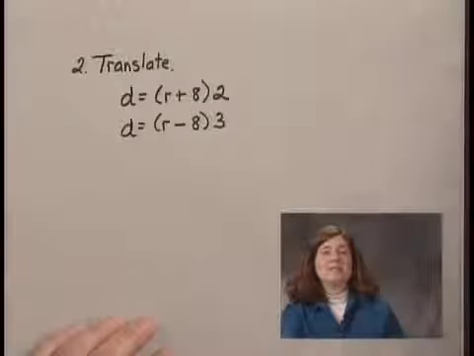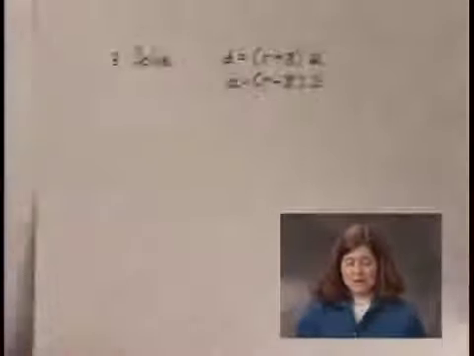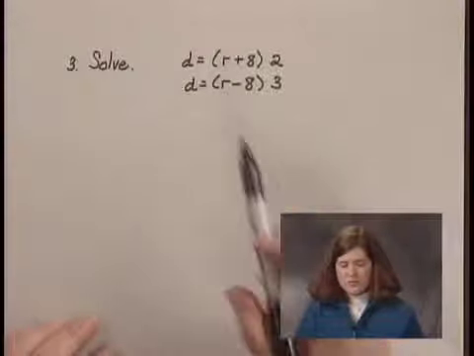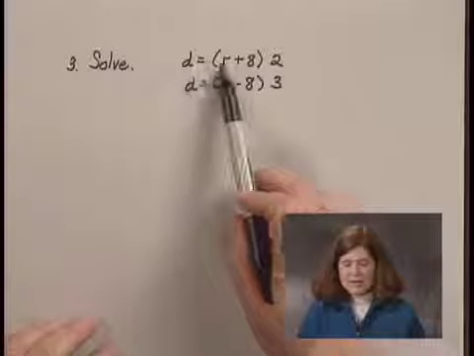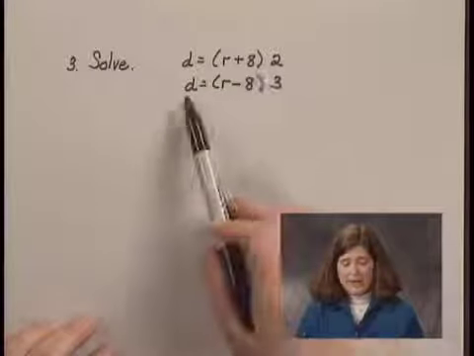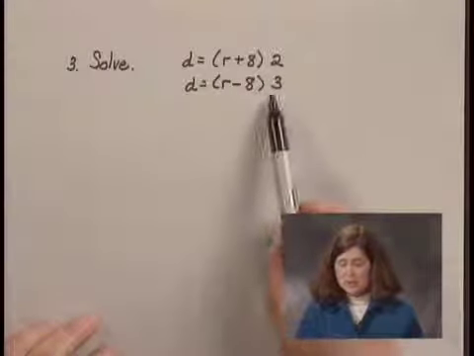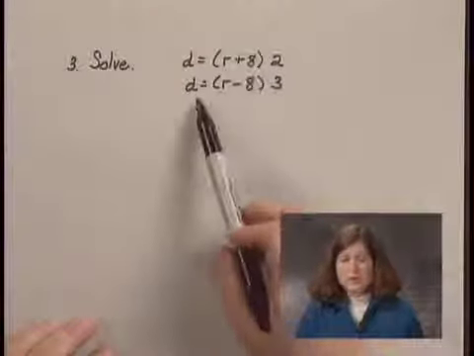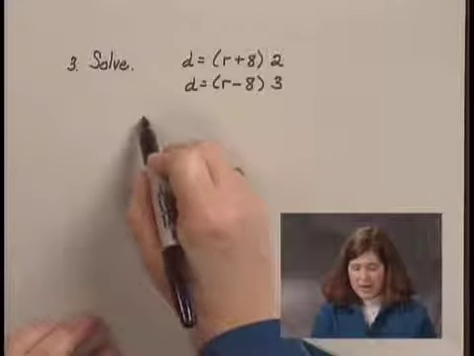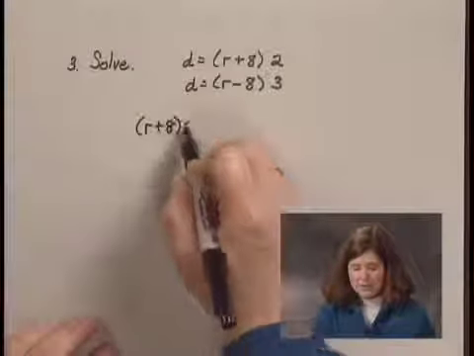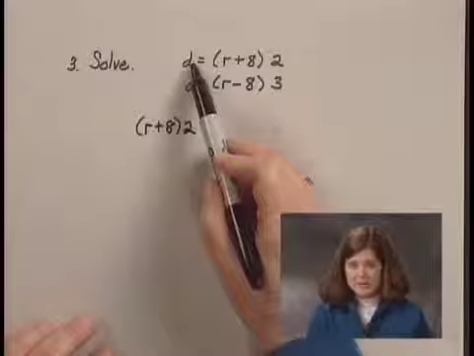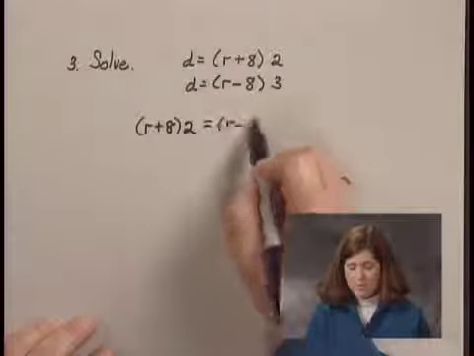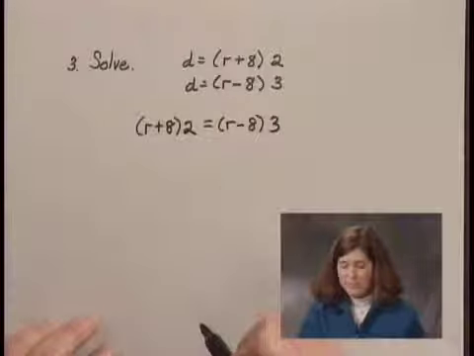Now that we've translated to a system of equations, we can solve that system as step 3 of the problem-solving process. To solve, notice that D equals (R plus 8) times 2 and D equals (R minus 8) times 3. So I can substitute (R plus 8) times 2 for D into the second equation, and I get (R plus 8) times 2 equals (R minus 8) times 3.